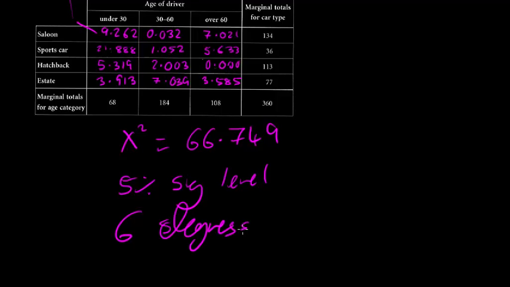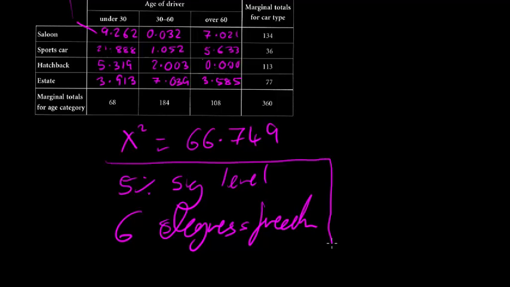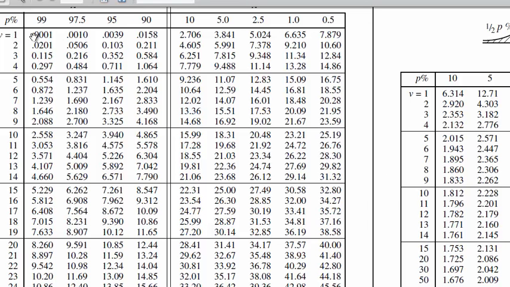So I'm going to look at these two on my chi-squared table. Here's my formula book, and I'm looking at the 5% level with 6 degrees of freedom, so 12.59. That is the critical value that I'm looking at.